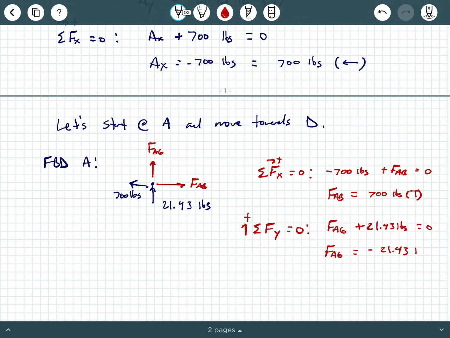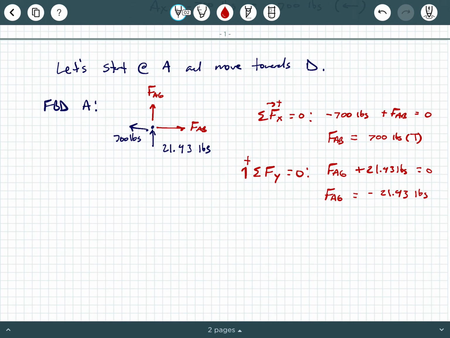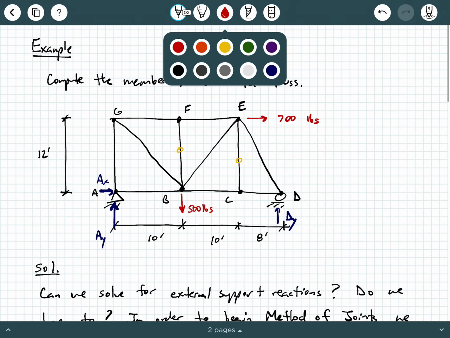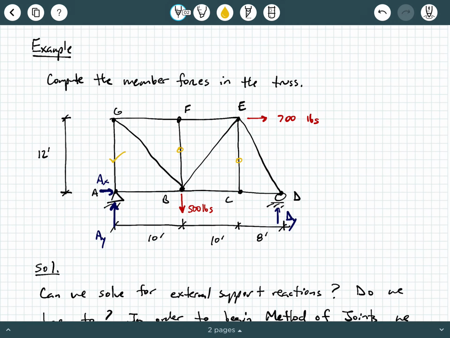FAG equals negative 21.43 pounds. And when you get a negative value here, what does that mean? Well, it means FAG is actually pointing in the opposite direction of what we assumed, which in this case would be compression. So we're going to say F sub AG equals 21.43 pounds in compression, okay? And what I like to do is put a little check mark on the members when I'm done with them, okay?